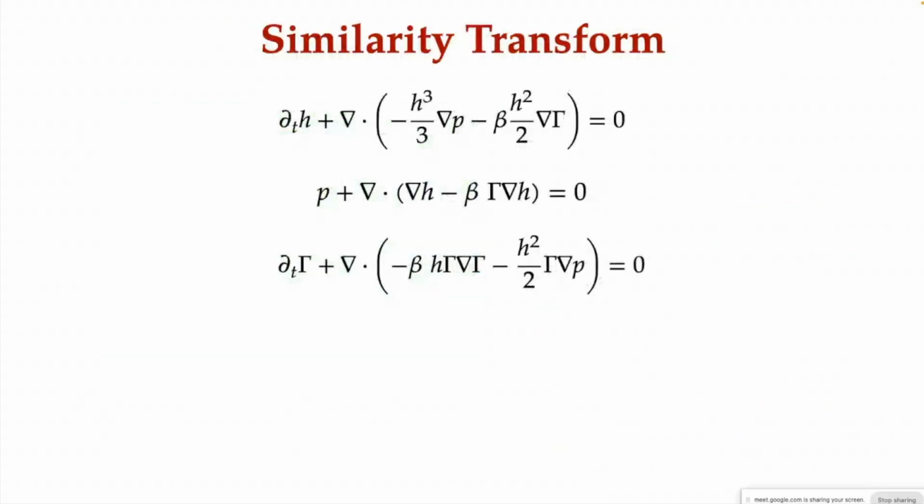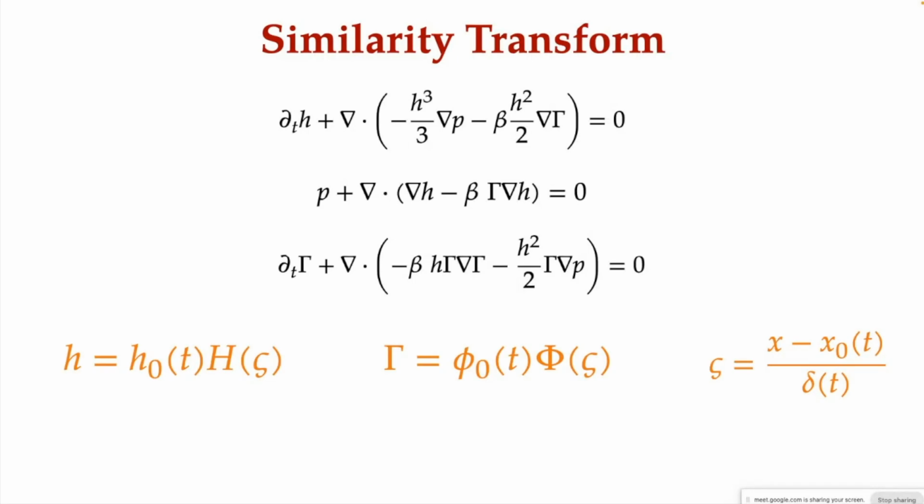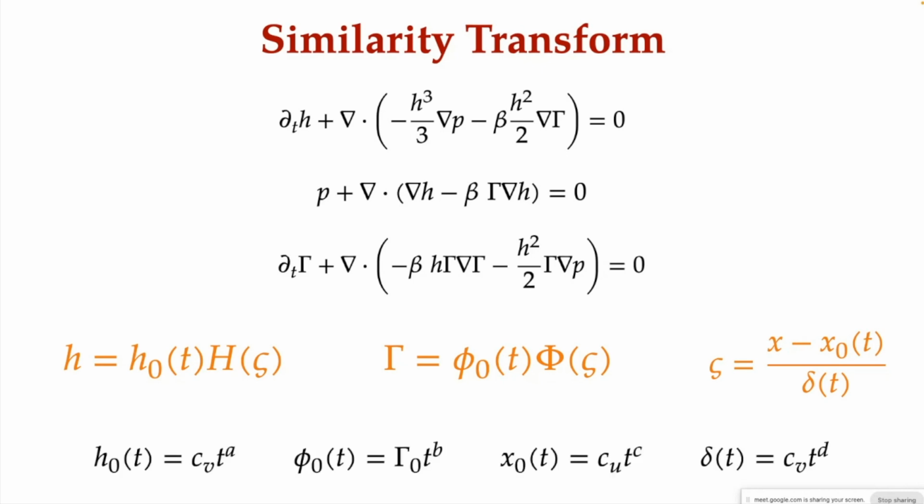Next, we have our set of equations. We want to do a singularity transform, just like how we did for our low Becquerel cases. Since we don't know the exponents now, we take a general ansatz, which is h0, phi0, and a singularity variable, and we assume that h0, x0, and the thickness are all power laws in terms of time.